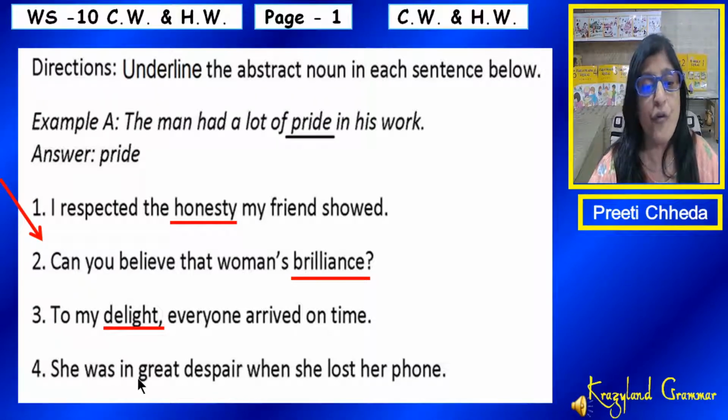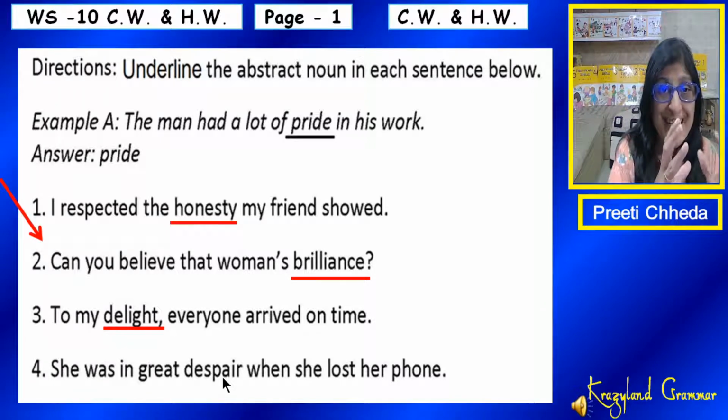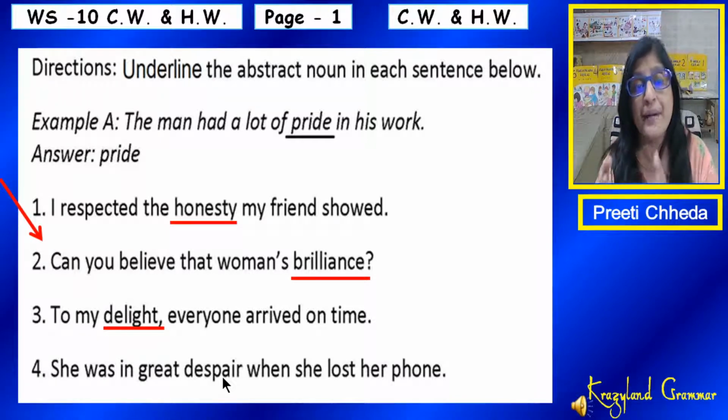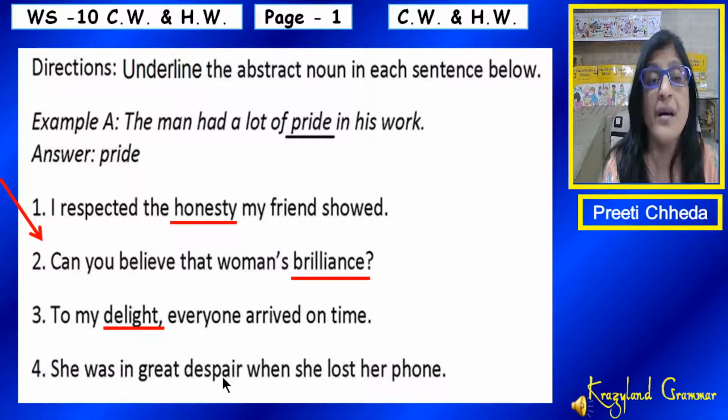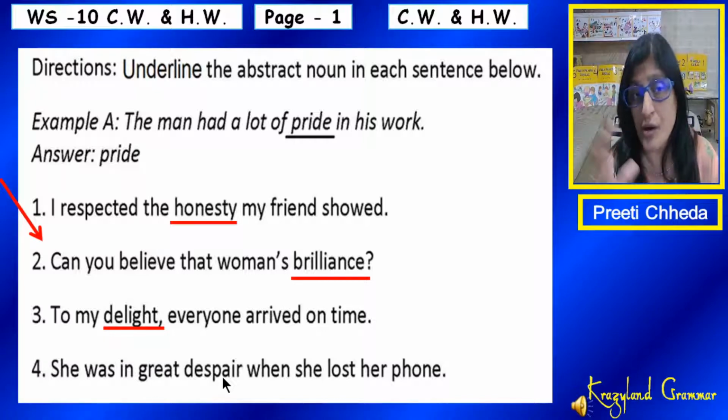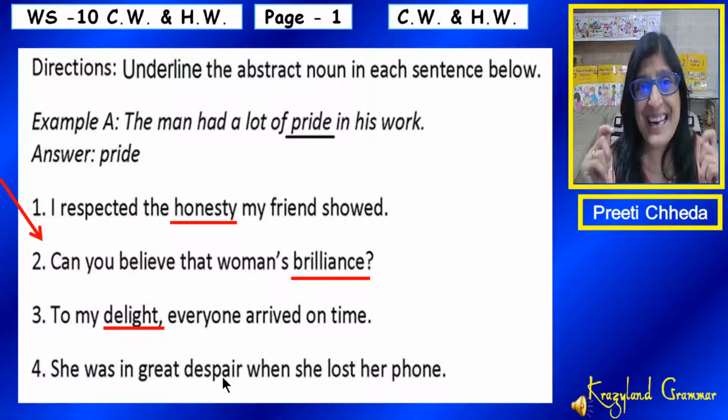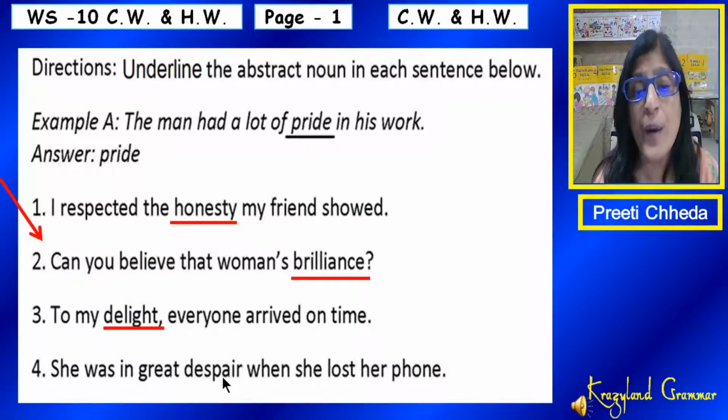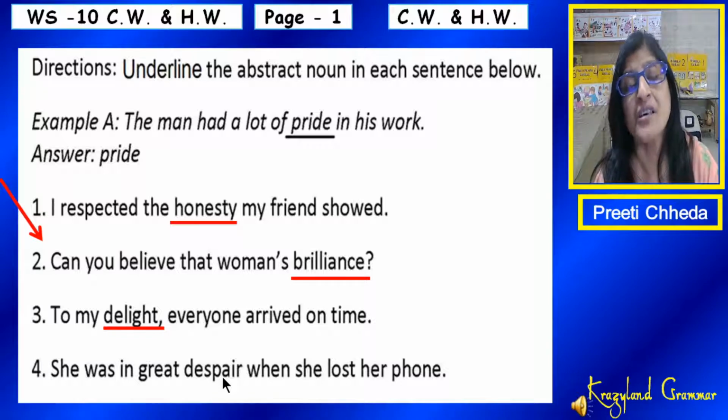Number 4. She was in great despair. Now here it is not D-I-S despair. It is D-E, sounding as D, and spare, S-P-A-I-R, spare. You know that open syllable, long sound. Despair. She was in great despair when she lost her phone.